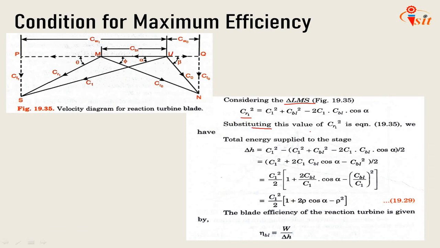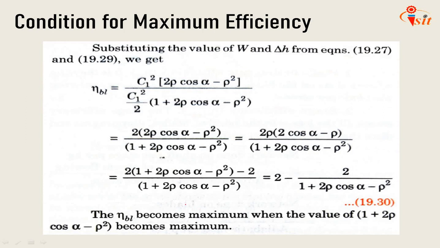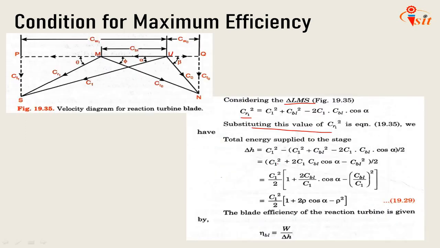Now substituting the value of CR1 square in the above equation, what we are getting? Delta H equal to (C1 square minus C1 square plus CBL square minus 2 C1 CBL cos alpha) divided by 2. By simplifying this equation, we are getting C1 square by 2 (1 plus 2 rho cos alpha minus rho square). So that is delta H, total energy supplied to the stage.